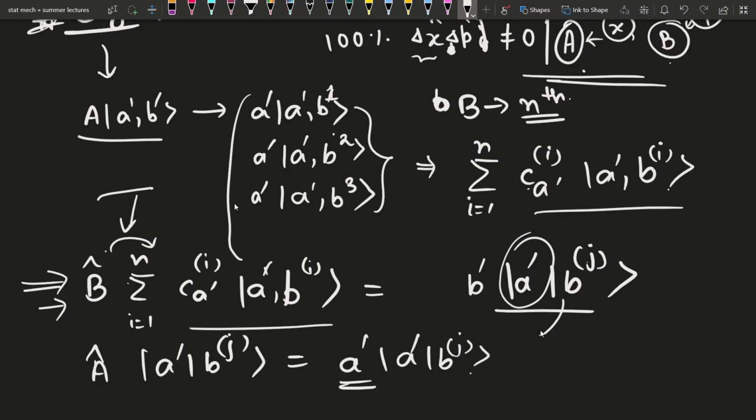That's why when we measure A again, we get the same eigenvalue as before, right?